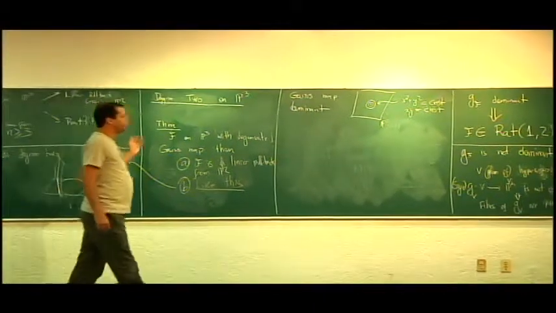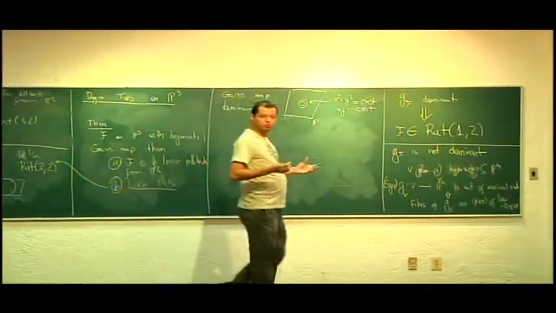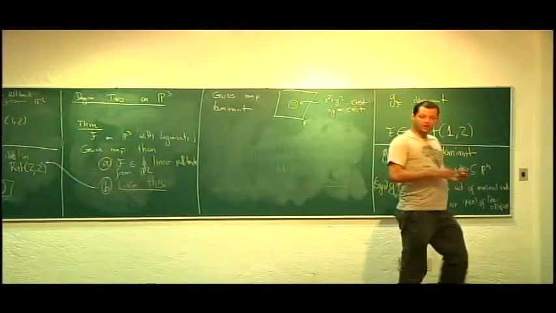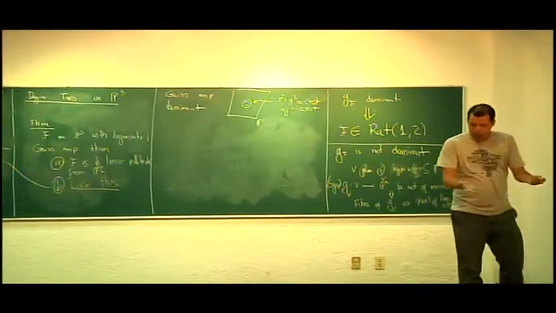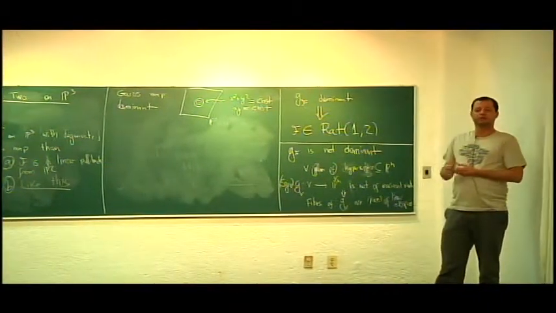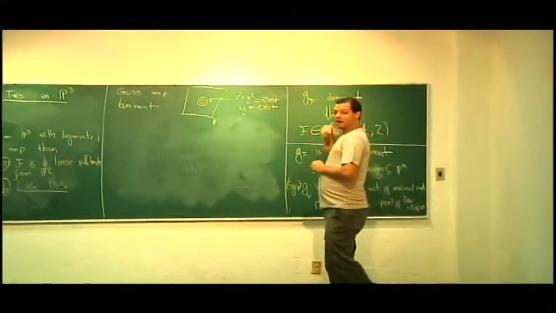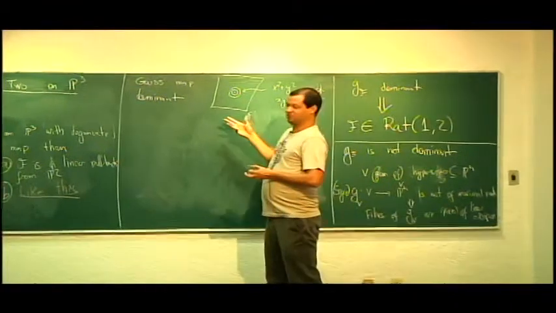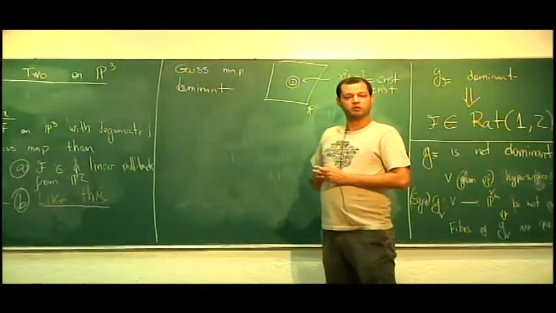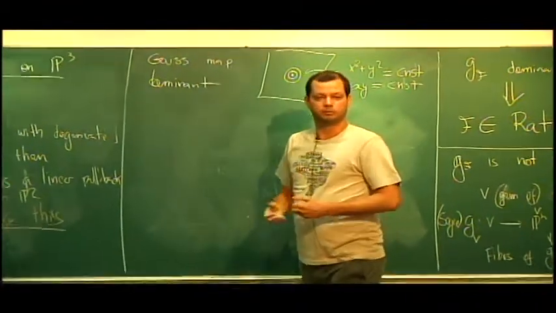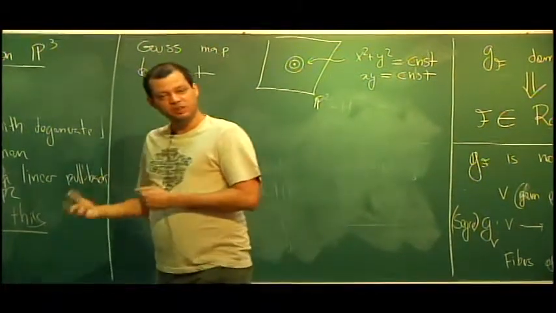Now, how can we do that? We can also study the space of foliations on P2 which do have a center. It's somehow a more complicated version of our original question. So we got something that's harder instead of easier.